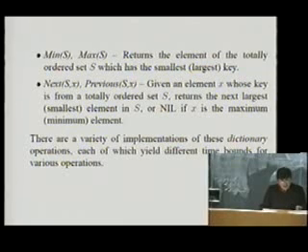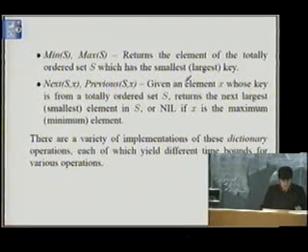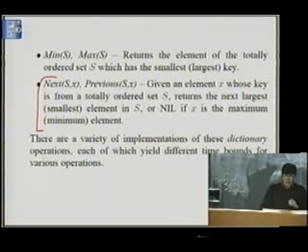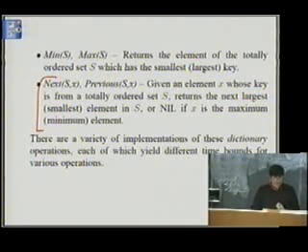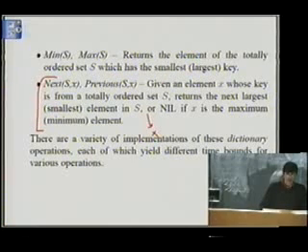What do the next and previous operations do? Let's read that. It says that next of x is going to return us, given a pointer to an element in the data structure, the next element, the next largest element in sorted order.